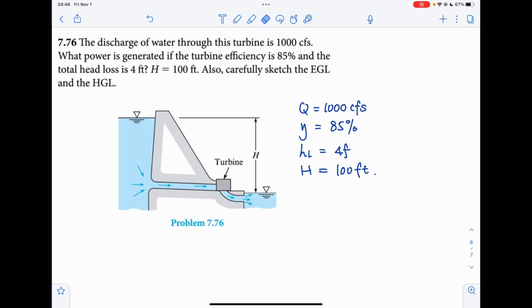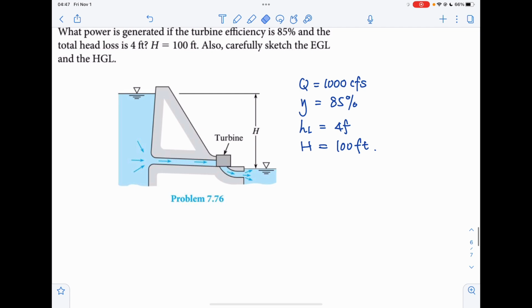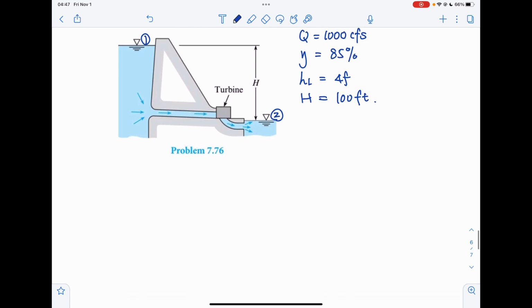So this is asking for the power generated by the turbine, and I'm going to sketch the energy grade line and the hydraulic grade line. The first thing, we're going to write down the energy equation between point 1 here, the water surface, and point 2 at another water surface on the other side.